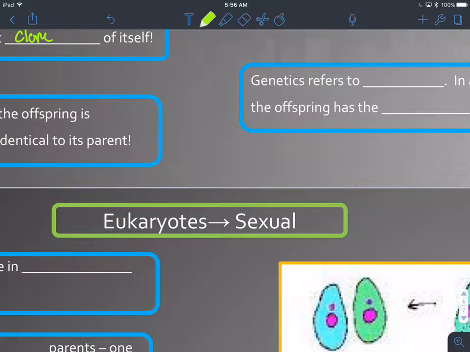So it looks the same on the inside and outside.